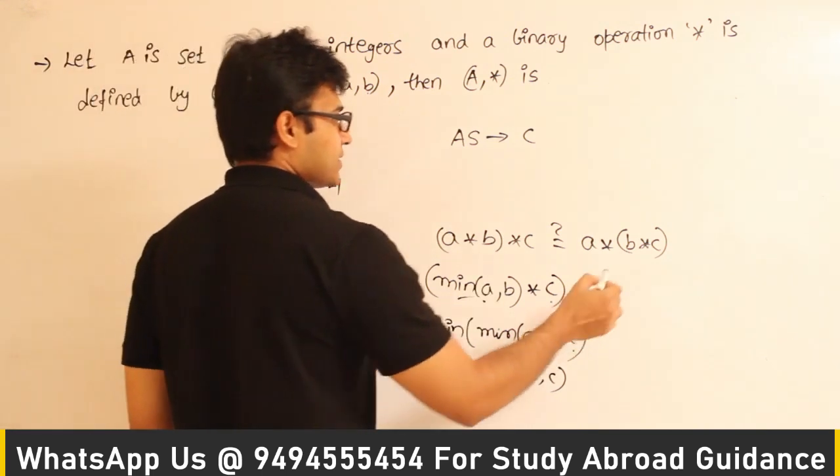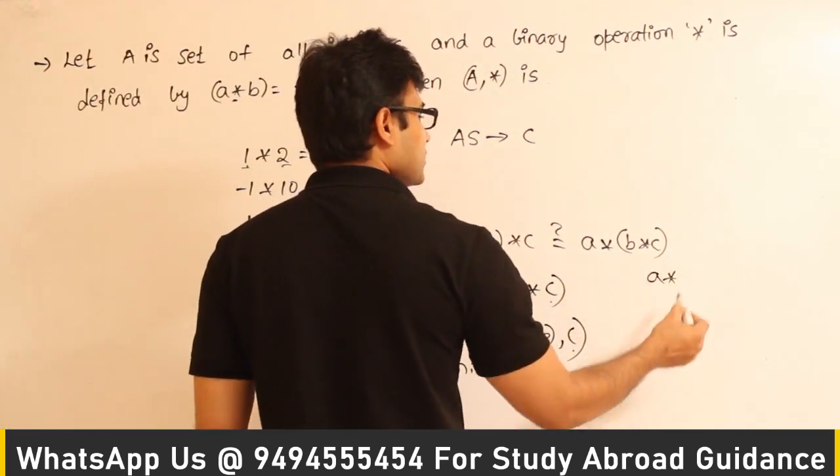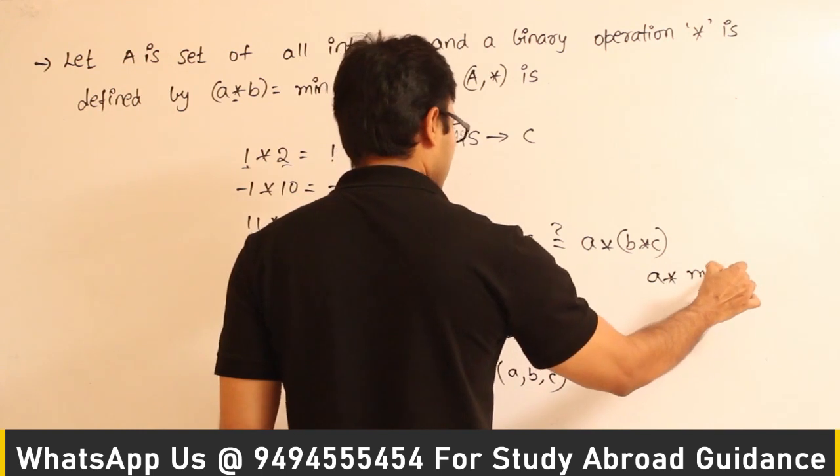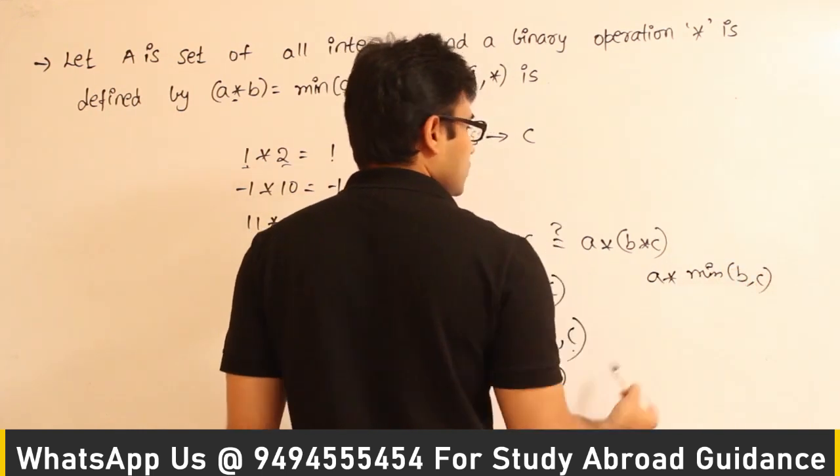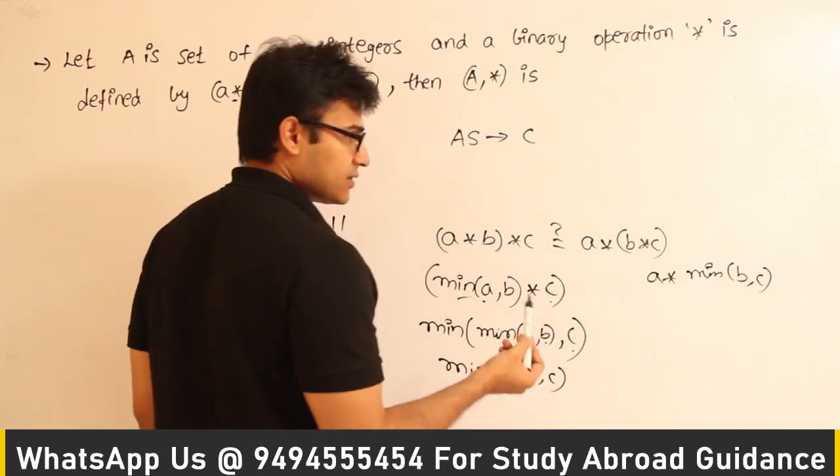If you look at the right hand side, it is nothing but A star the minimum of B comma C, right? So this minimum of B comma C is an element.